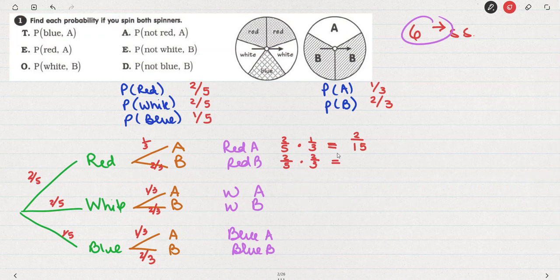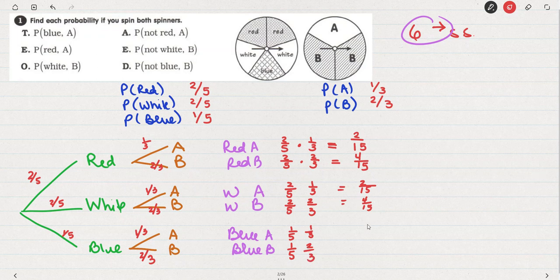We'd have 2/5 times 2/3, so that's 4/15. White and A, white and B will come out the same as we did red and A, red and B. But when I go to do the blue, I get a little bit of a difference because we have a 1 in 5 chance of landing on blue, and then we multiply by the 1/3 and the 2/3.